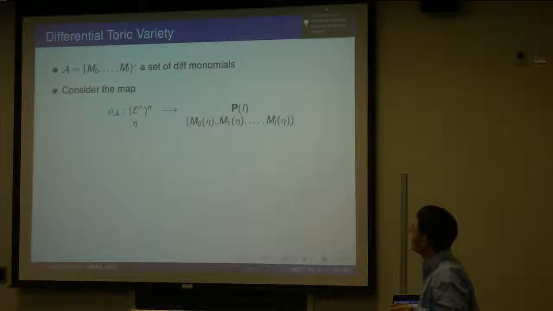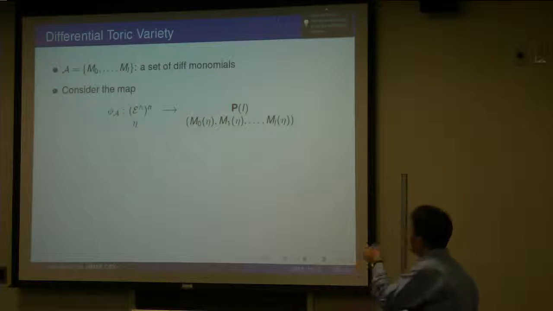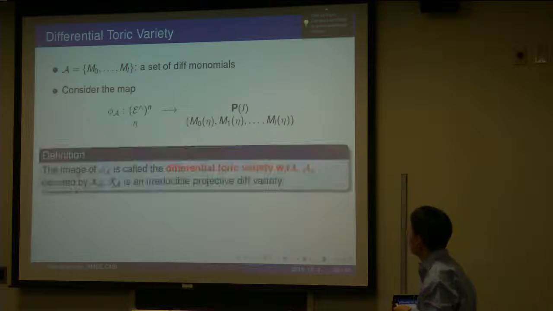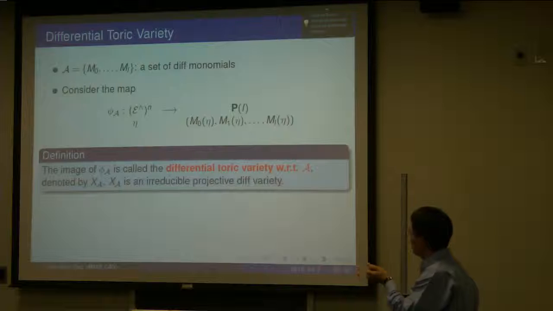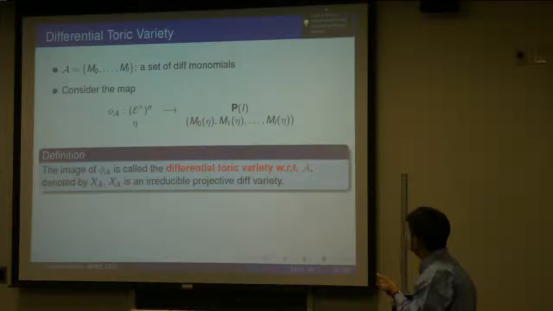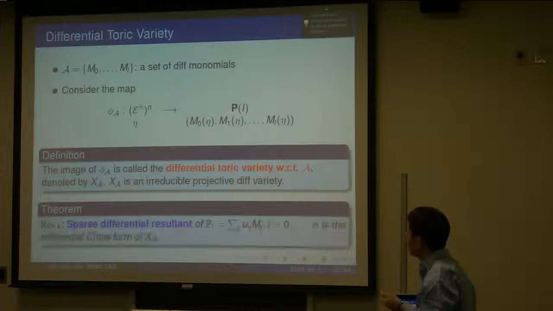That's what we said. We try to connect the Chow form with the sparse resultant, and we have a set of monomials. We define a map. Basically, we consider all the values of these monomials, and then we take the image, and the closure of the image, the Toric closure, we call a Toric variety.